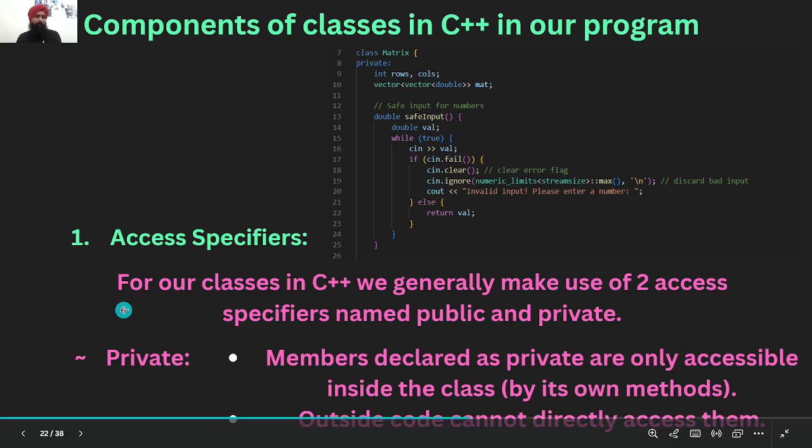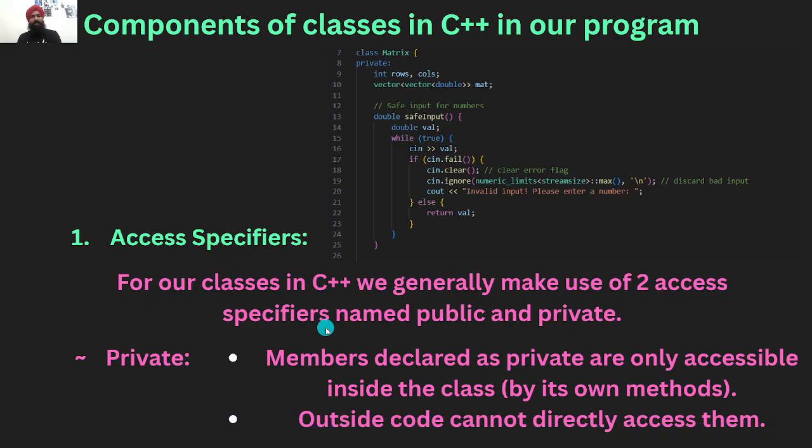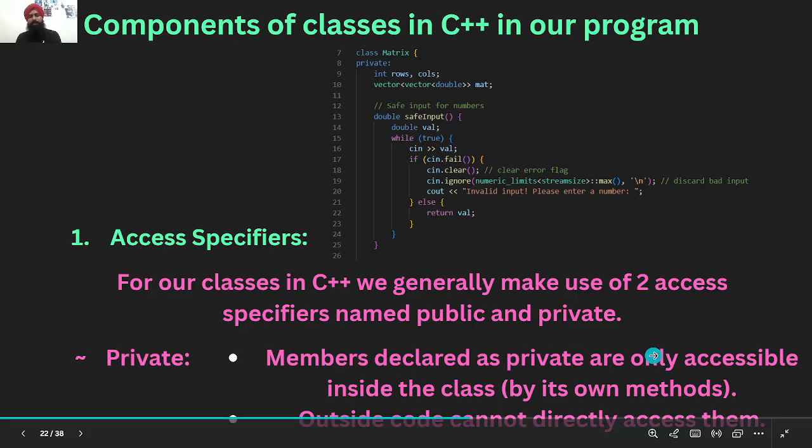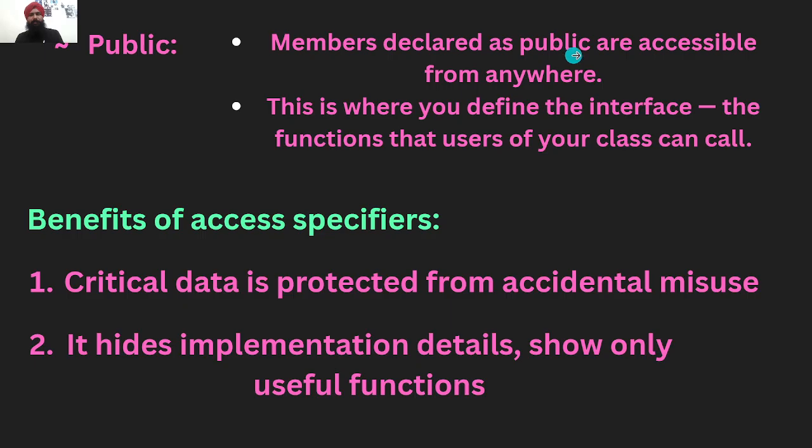We only discuss these two. Members or member functions declared as private are only accessible inside the class by its own methods. Outside can't directly access them. And members declared as public are accessible from anywhere. This is where we define the interface, the functions that users of our class can call.